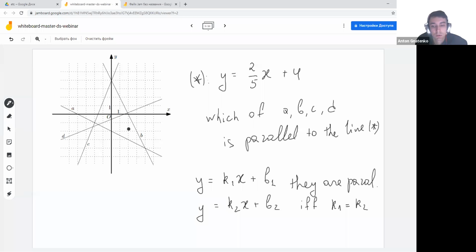So here we want to find a line for which, in its equation, the coefficient equals 2/5.